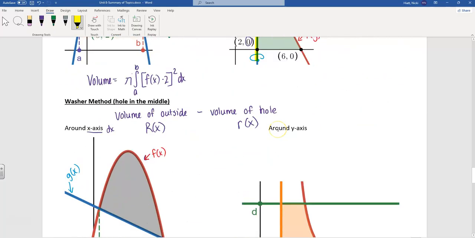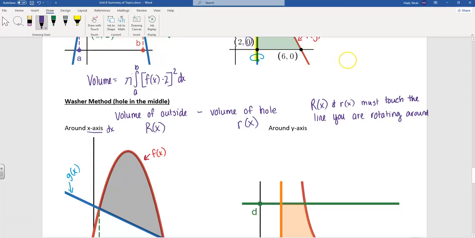So we might even make ourselves a note. Radius, capital R of x and r of x must touch the line you are rotating around.